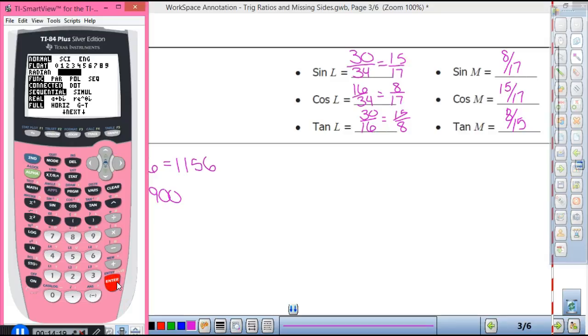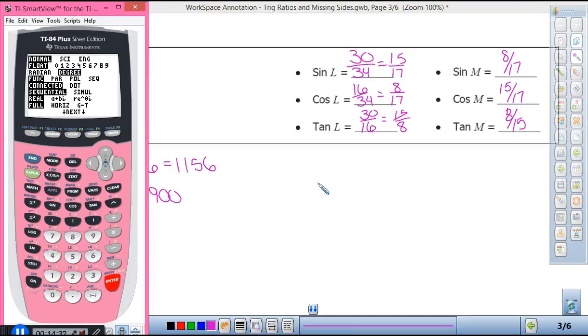If you've got this other one, you need this button that's next to the second, this DRG button. Hit DRG, and if that line's underneath DEG, that means degrees.